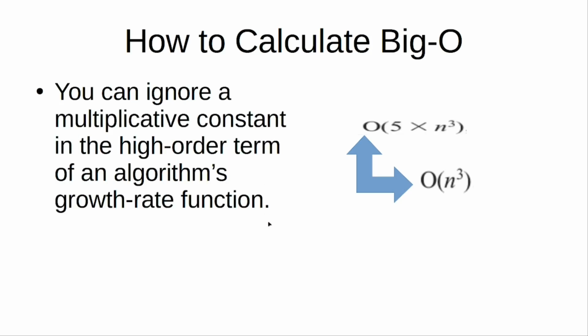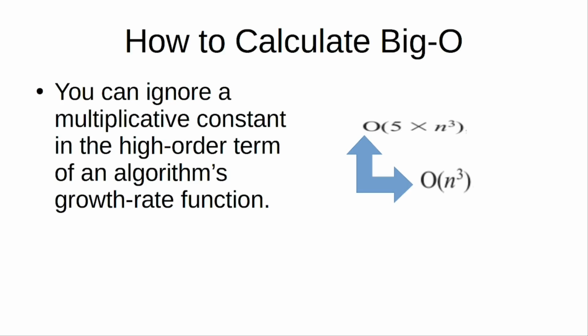And the next rule: we ignore multiplicative constants. You can ignore a multiplicative constant in the high order term of an algorithm's growth rate function, because big O is meant to describe trends, not precise measurements like constants.